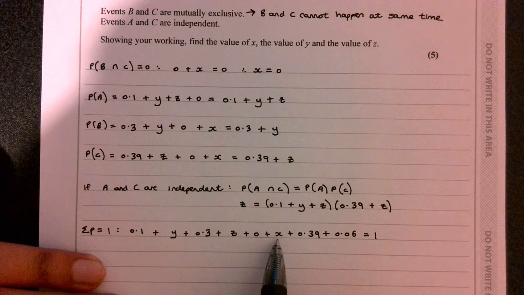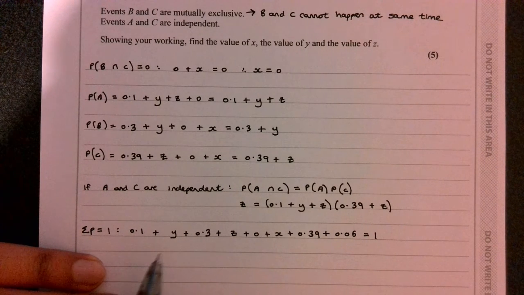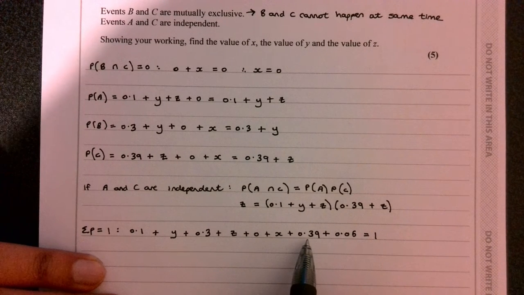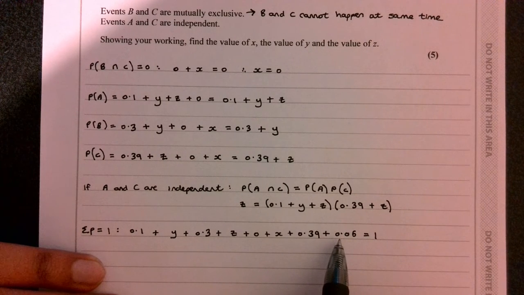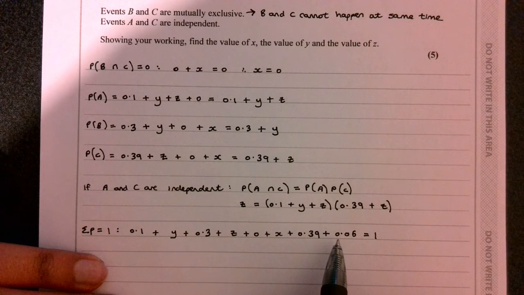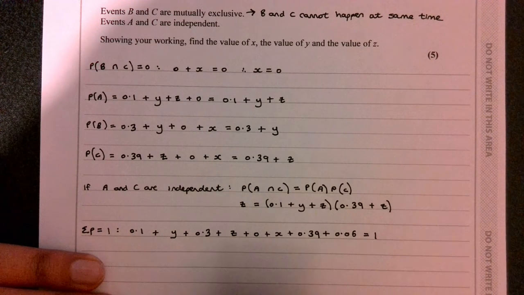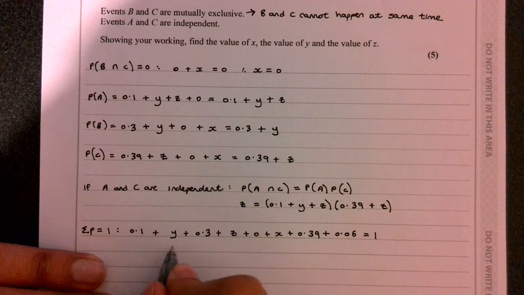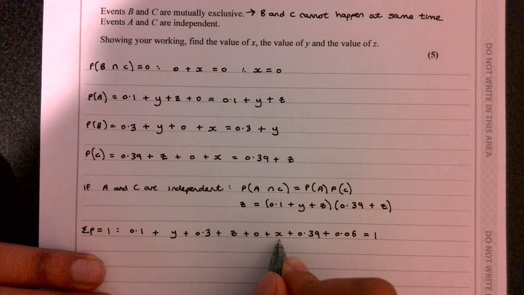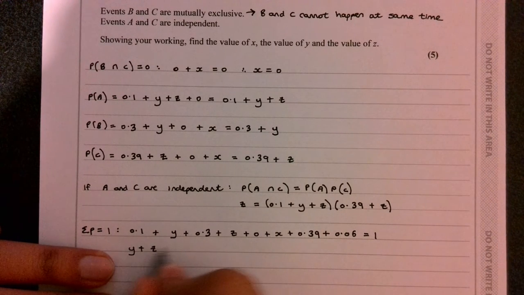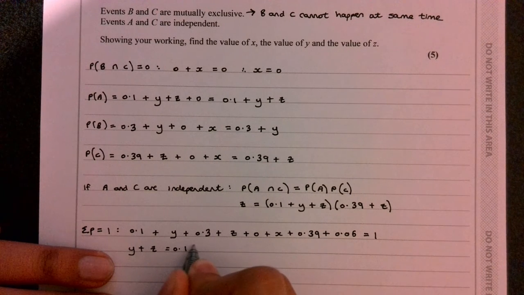We know x to be 0. So if we simplify all this, 0.1 plus 0.3 plus 0.39 plus 0.06, you'd find that to be 0.85. And 1 minus 0.85, that's 0.15. And in terms of what we have in letters, we have y plus z, because remember x is equal to 0. So we have y plus z equals 0.15.